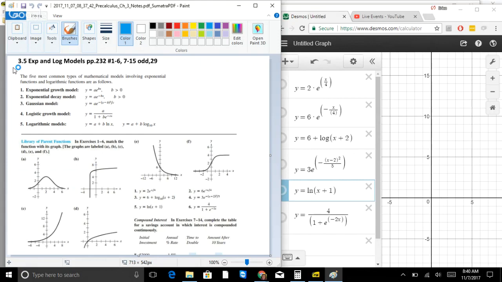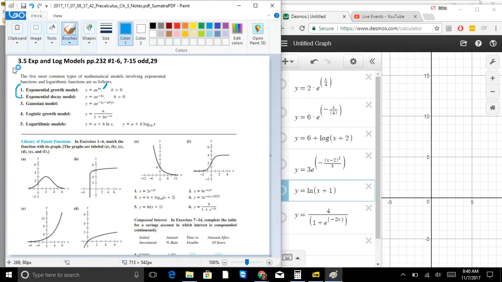You can see at the top of your page, we have the basic models for a lot of our exponential functions as well as our logarithmic model. So the first two should look really familiar to you because we talked about these back in 3.1, which are exponential growth and exponential decay. So you'll see here that the distinguishing feature is that we have something to the x power.